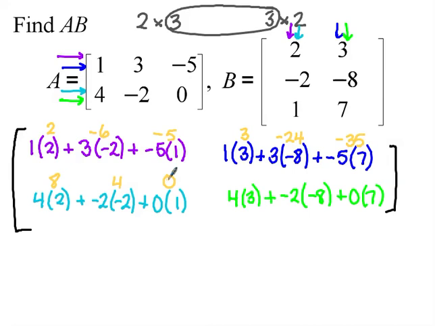And what do you get from the last? And 0. So finally, I just need to figure out what those numbers all add up to be. So I've got 2, negative 6, and negative 5. Negative 9. Next one, I have 3, negative 24, and negative 35, which is negative 56. Yep. 8, 4, and 0. And then 12, 16, and 0. There you go.